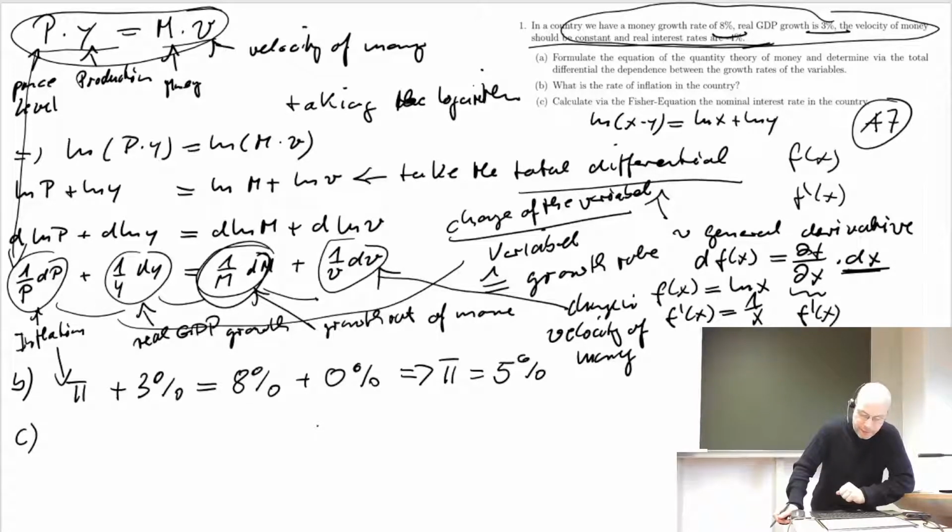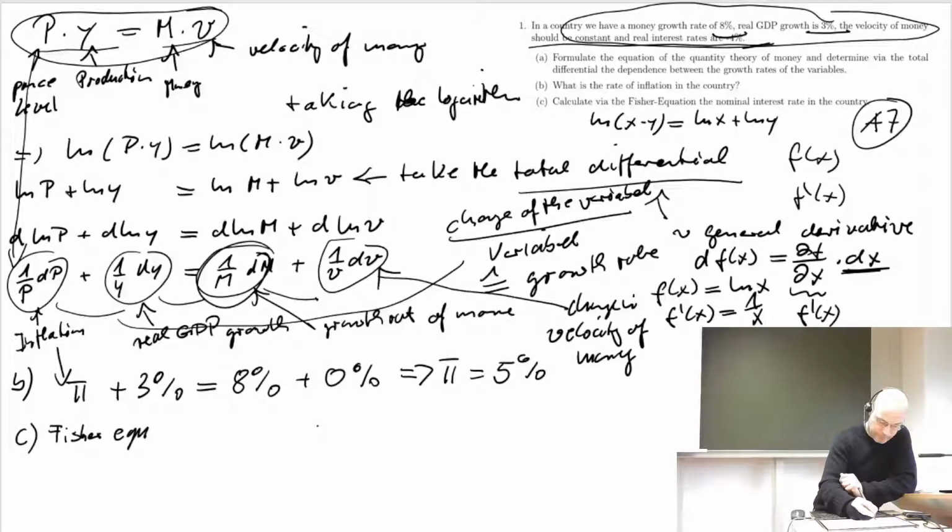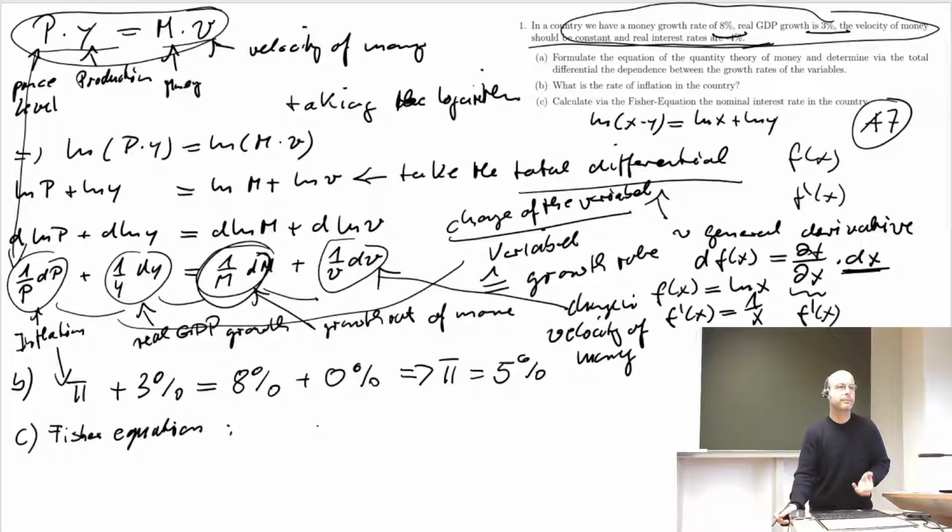And C, calculate via the Fisher equation the nominal interest rate in the country. What was the Fisher equation? Qualitatively, this was the dependence between which variables?